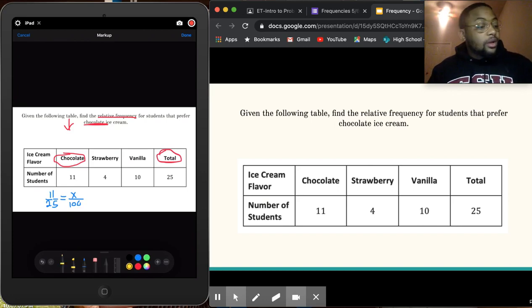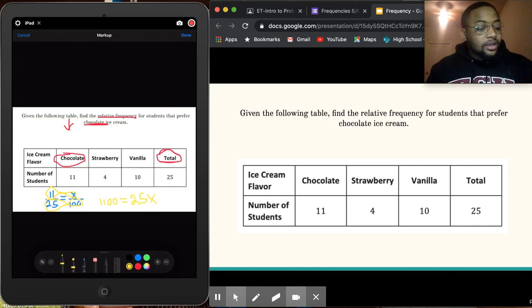So we solve. Here, you guys' favorite thing, the butterfly method. I'm going to cross multiply. And here, I'm going to get 1100. And I'm going to cross multiply the other way, and that will equal 25x.